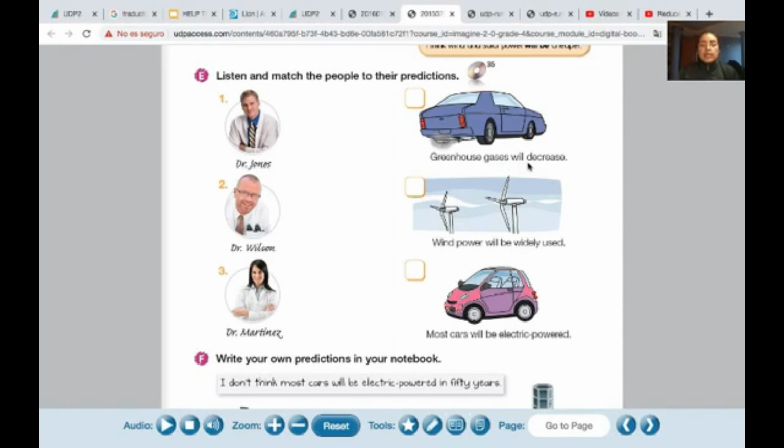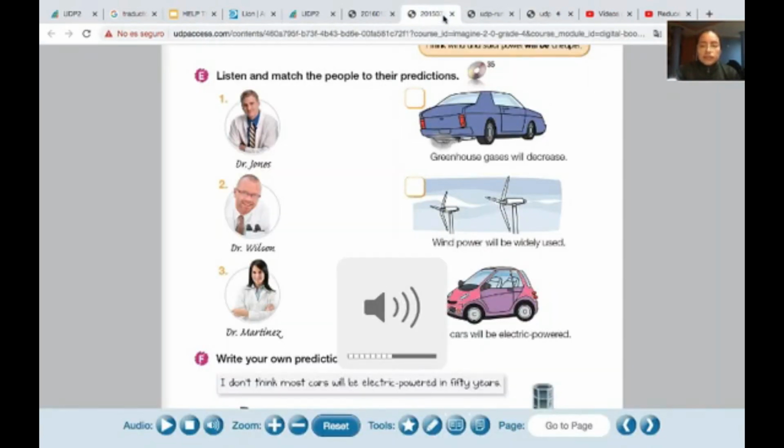Greenhouse gases will decrease. Wind power will be, in this case, you can look, this is wind power. Most cars will be electric powered. Okay, now please listen and put the numbers according to the listening.